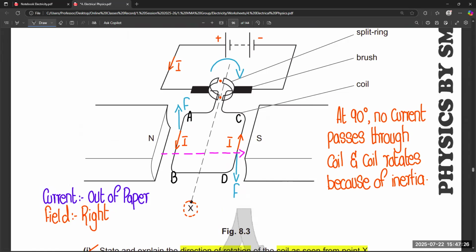Because of the change on the axis of the coil, the forces remain the same, right?